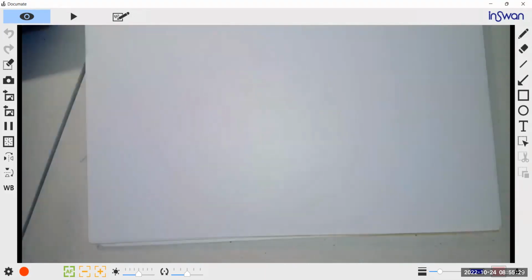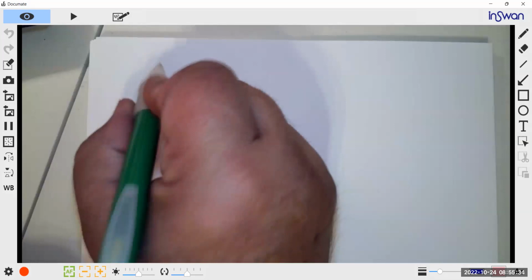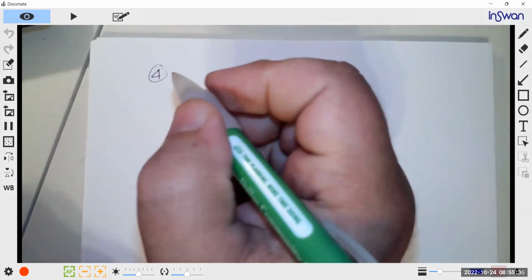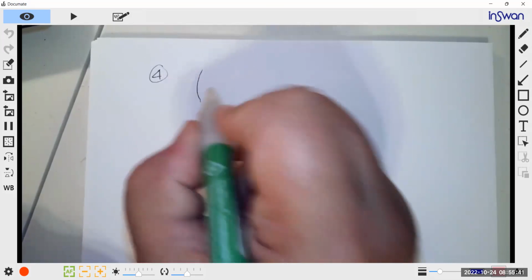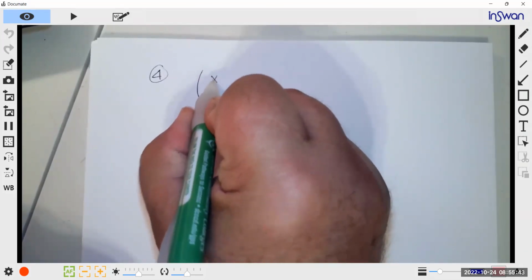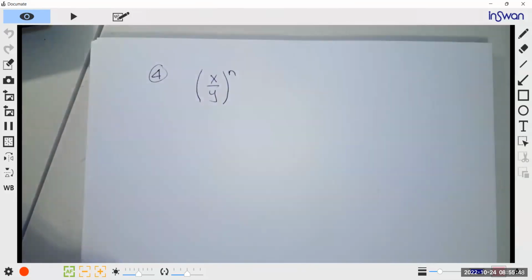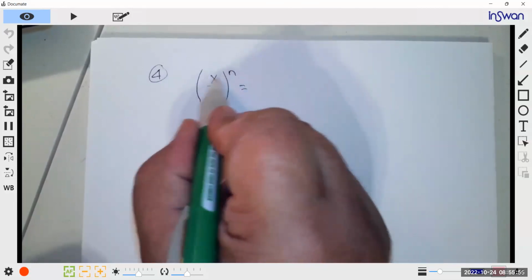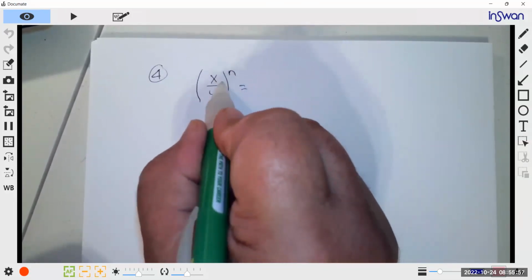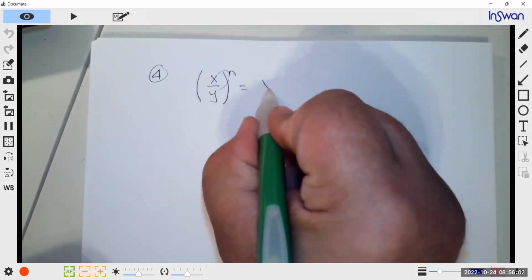All right. The next rule. If you have a fraction raised to a power, like we did earlier, whenever you have anything inside a parenthesis raised to a power, everything inside that parenthesis gets that power.